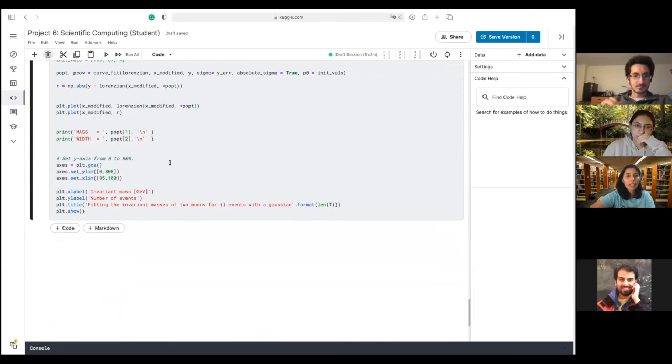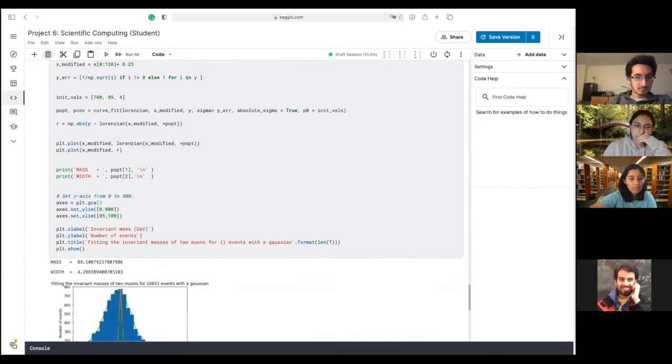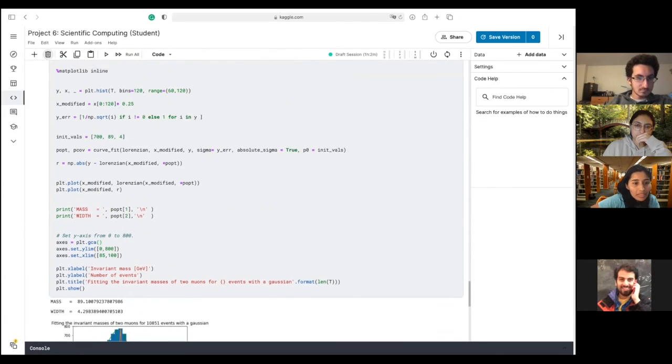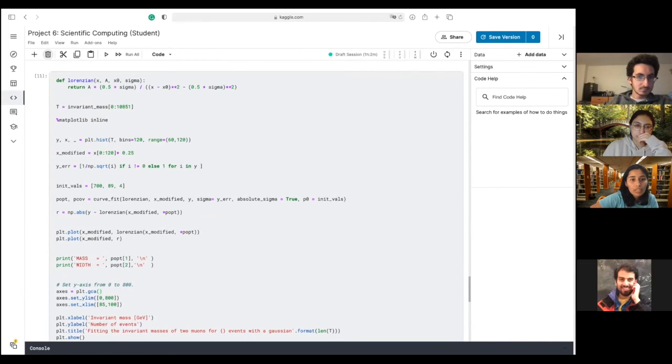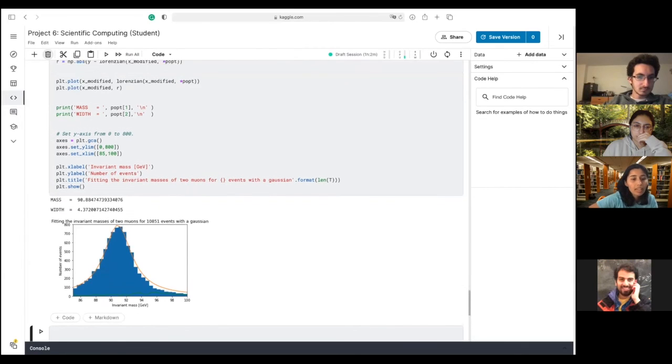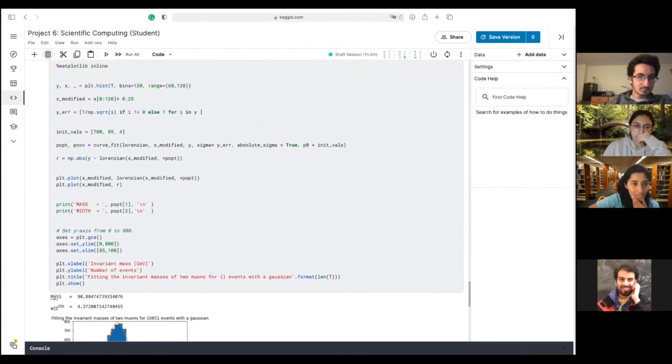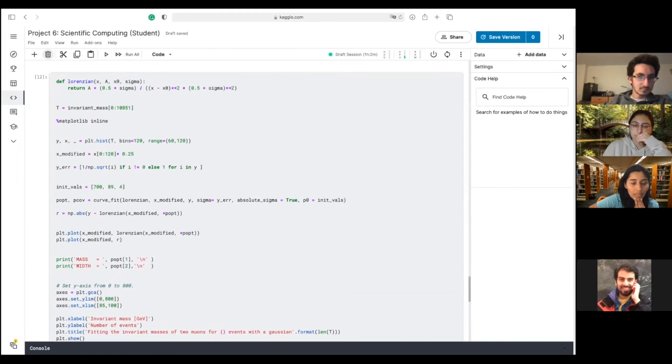And then we get the mass. So if we try to run this, our initial parameters could be, yeah, sorry about that. It's plus sigma here.